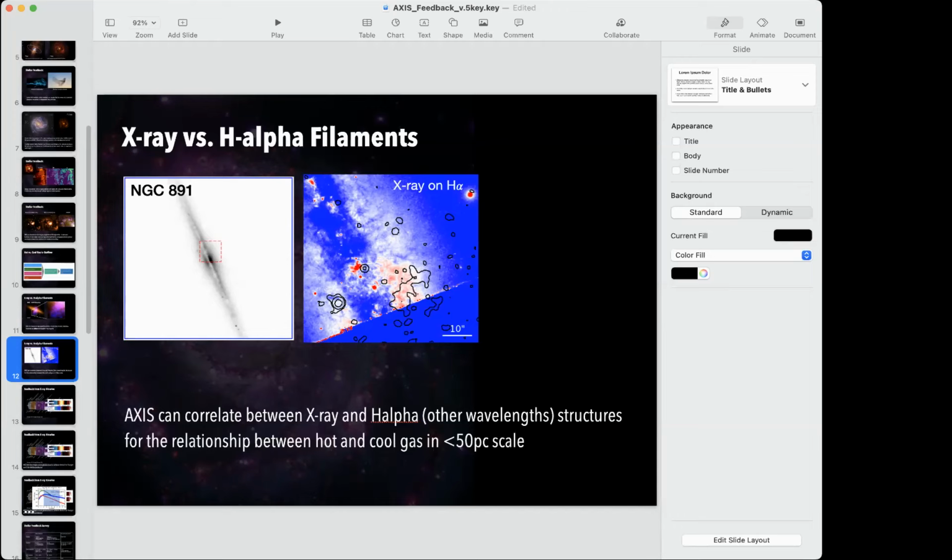Again, these features are very dim and structured. The usual 50 parsec scale is a very small scale, so we will need a telescope like AXIS.